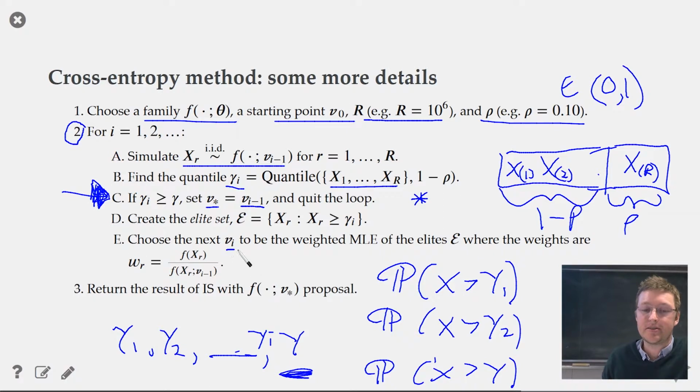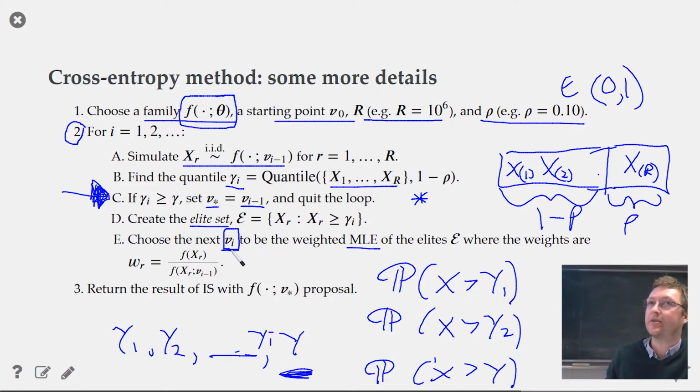And then comes the part that actually matters. You choose the next parameter, you're stepping closer to the optimal g star, by using these elite samples and doing a maximum likelihood estimate on them. So you solve the problem: how do I fit my chosen family of distributions, if they're multivariate normals for example, how do I fit a normal distribution to this sample?